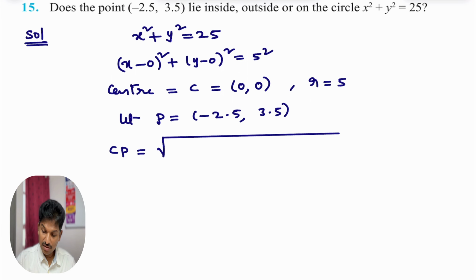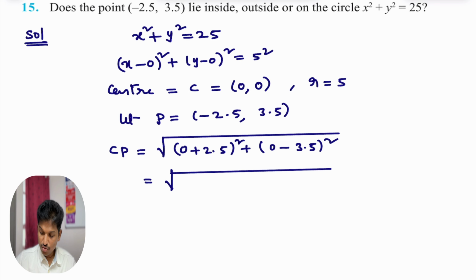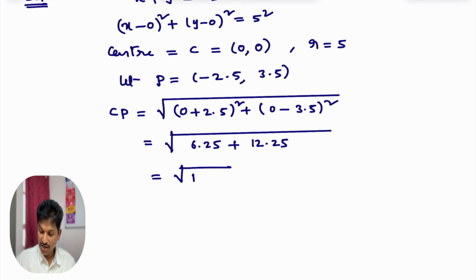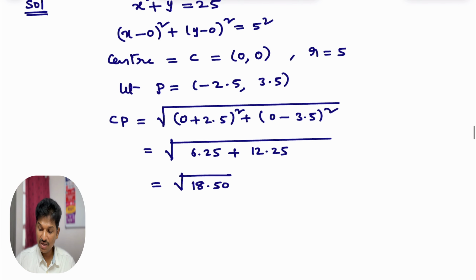Calculate CP using the distance formula: (x2 minus x1) whole square, that is (0 plus 2.5) whole square, plus (y2 minus y1) whole square, (0 minus 3.5) whole square. 2.5 squared is 6.25, plus 3.5 squared, which is 12.25. When you add these two, you will get 18.50. Here the radius is 5. CP you got like this.